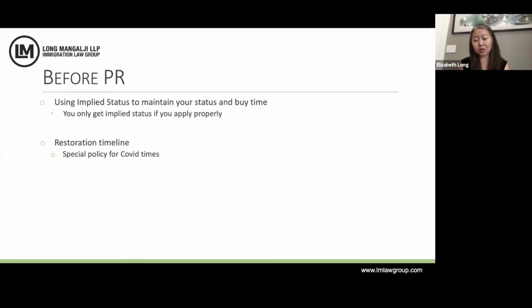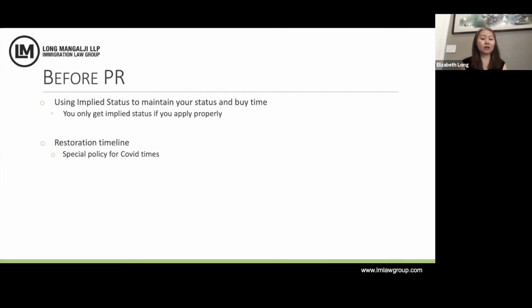During the restoration period, I'm not allowed to study or work, but I can stay in Canada to wait for the restoration, and hopefully the officer will restore my status as a student. Once I receive that decision, then I can study.